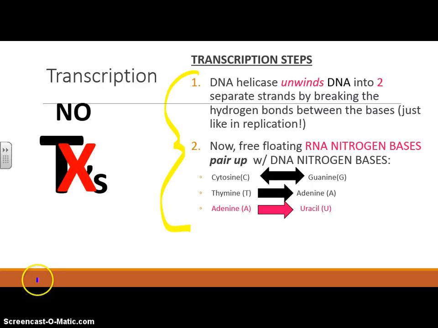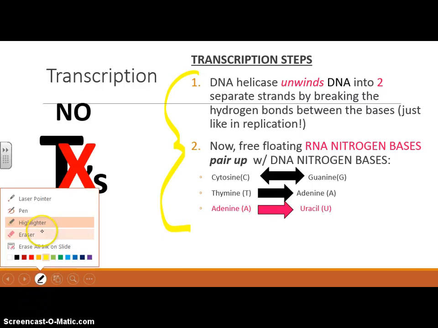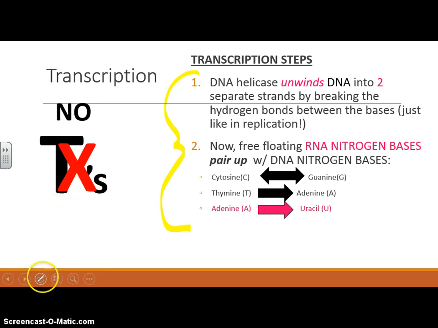Remember, in DNA, our bases are A, T, C, and G. And remember, in RNA, our bases are C, G, A, and U. There are no T's in RNA, none. If you see a T in the RNA strand, there's a mistake.